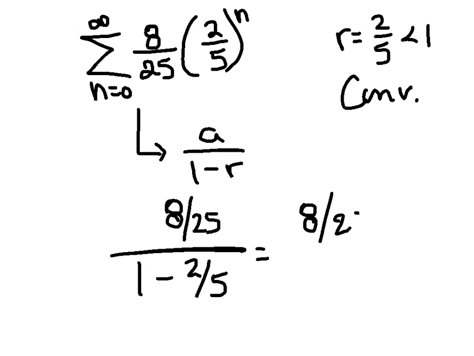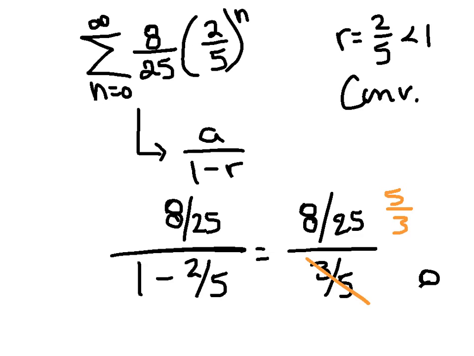Oh my goodness, check out this number crunching. That's going to be 3/5. Dividing by 3/5 is the same thing as multiplying by 5/3. Okay, let's see, what's that going to turn out to be? I'm getting 8/15. So not only does it converge, but it converges to a sum of 8/15.